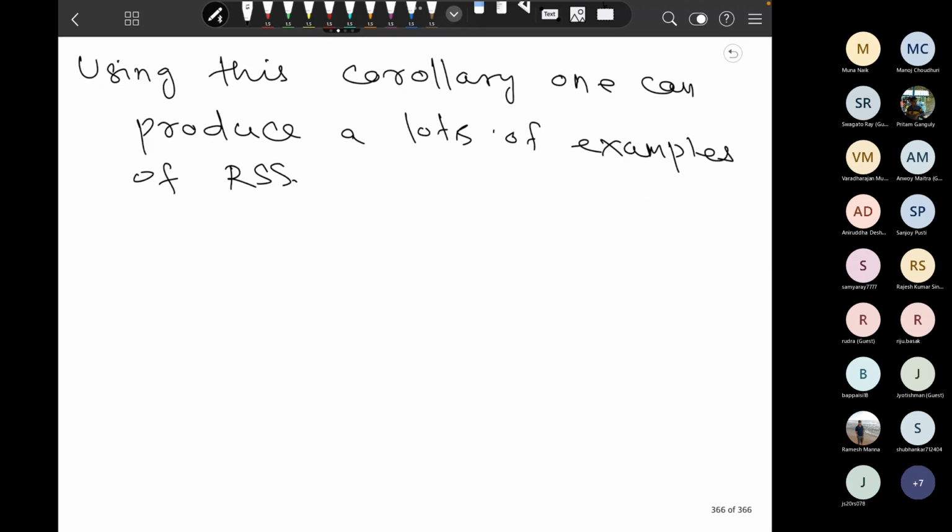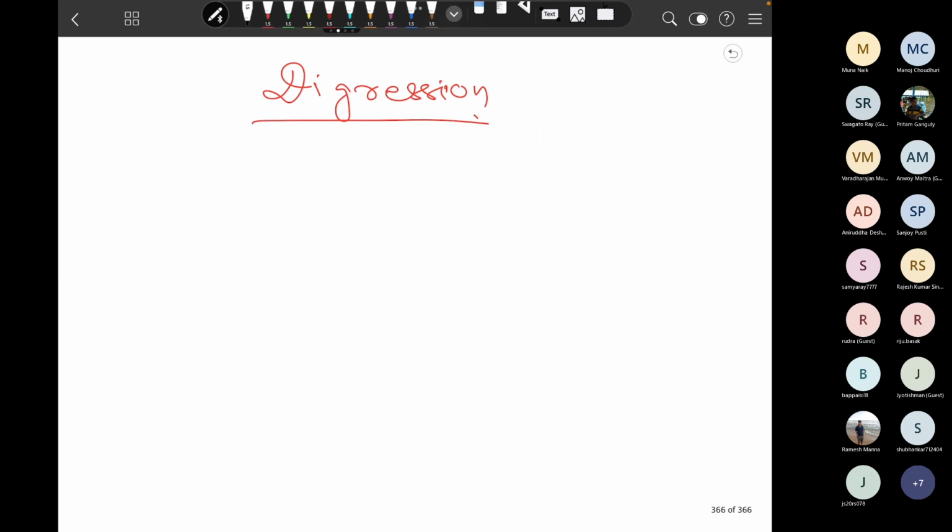Now I want to answer this one question which was asked by Tapendu. So let us have a little digression. This was the question once asked by Tapendu in one of the previous lectures. Let M be S^(n-1) times S^(n-1).